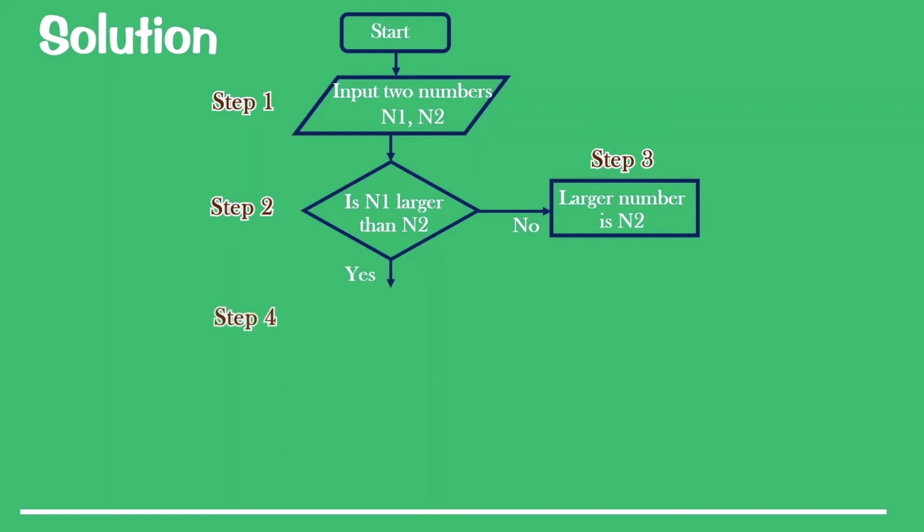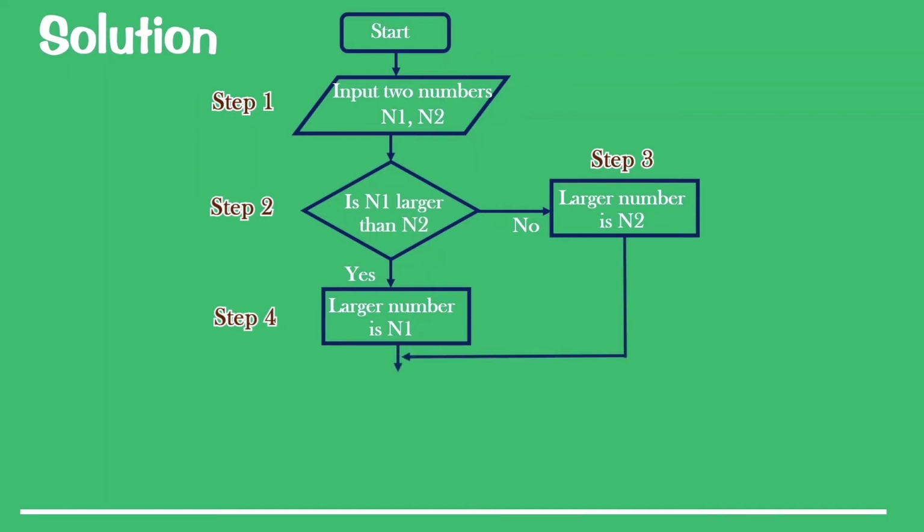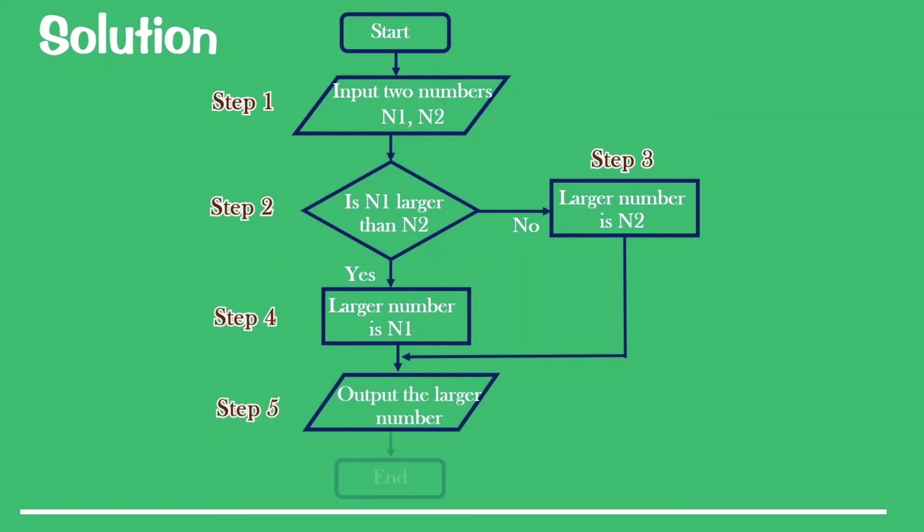Step number 4 is another process box whereby n1 becomes the largest if the number entered in step number 2 is larger than the second number. The flow of direction points downwards to step number 5. Step number 5, output the largest number. And finally, draw the end symbol.